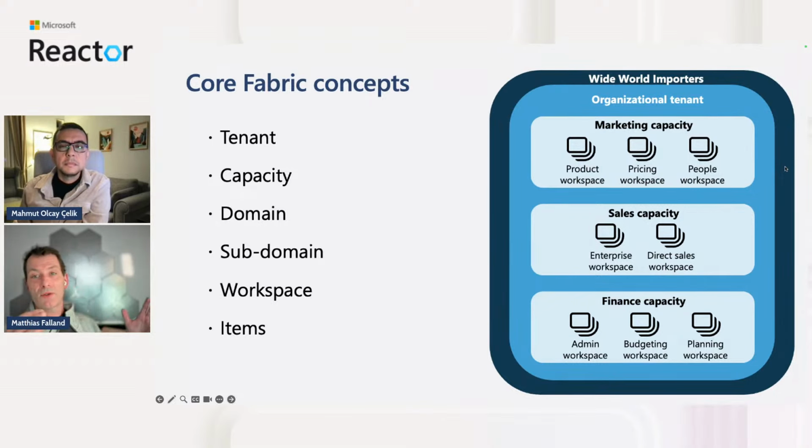The working environment that everything is organized in is a workspace. When you come from the Power BI service, you are very familiar with the workspace concept. And all the artifacts that you can create are items in the Fabric workspace.